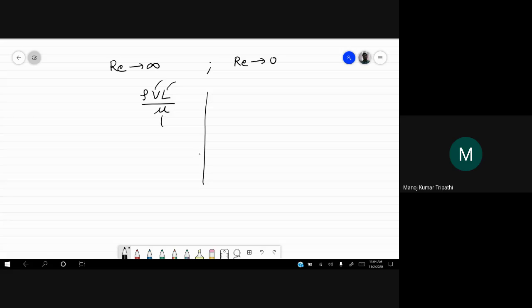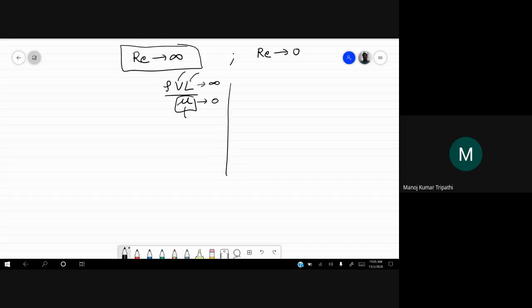Now, what does it mean by Reynolds number approaching infinity? It means that either viscosity approaches zero, or velocity, length scale, or density approaches infinity, or a very large value. So we also called these kinds of fluids inviscid flows.